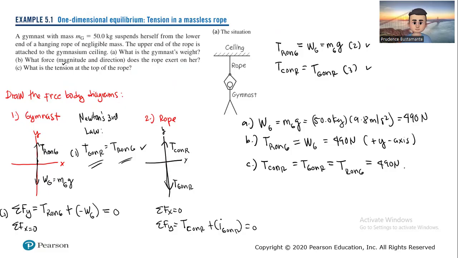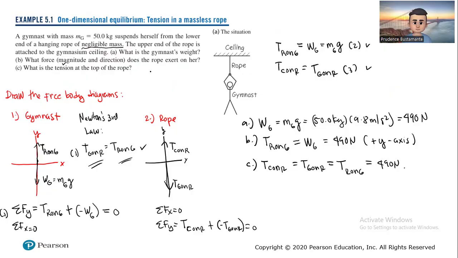The equations would become different if your rope is no longer of negligible mass.